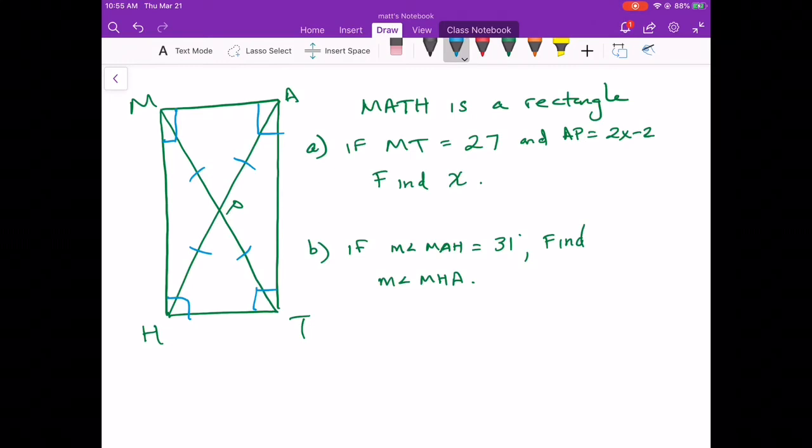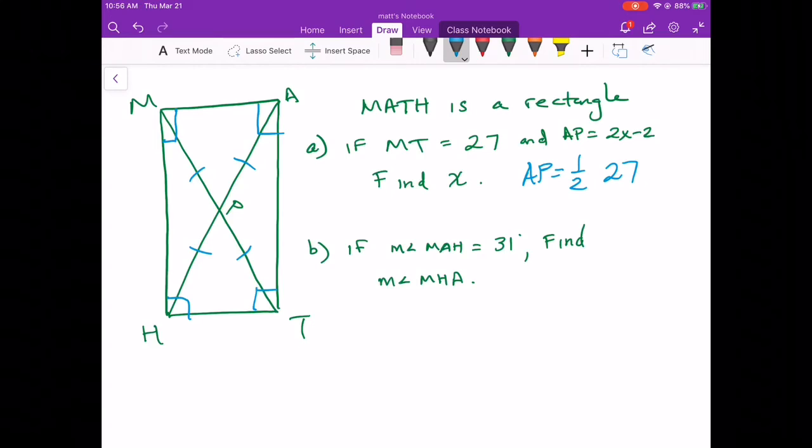AP, which is half of the diagonal from A to H, is 2x minus 2. I want to solve for x. Well, 27 is not only the length of MT, it's also the length of AH. So AP is going to be half of that. So AP is half of 27.